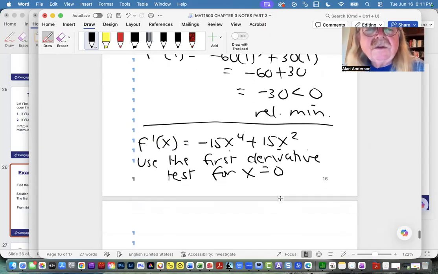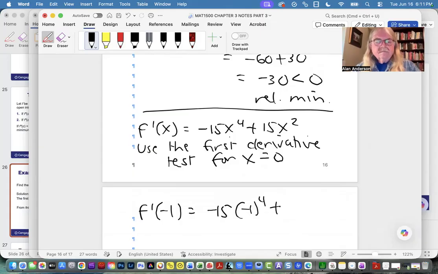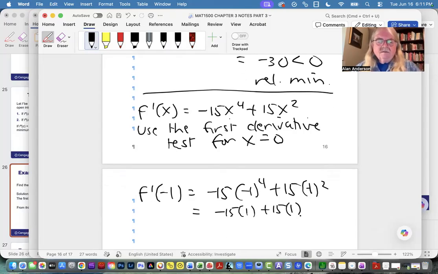All right, so we'll do this. We'll do f prime of -1. Ooh, it's zero.